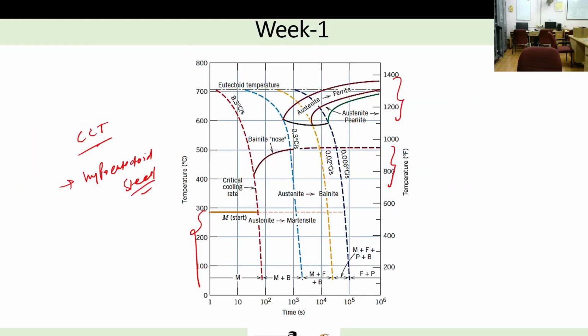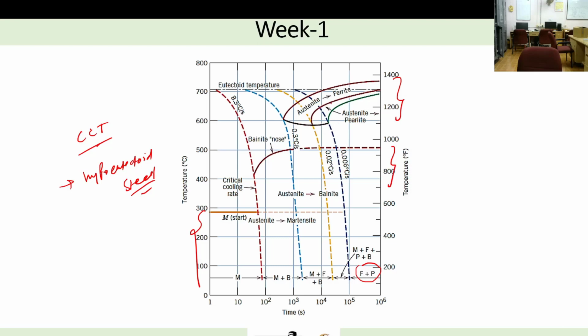This is the austenite to ferrite transformation line, and after that the remaining austenite will transform to pearlite while the ferrite remains as it is. The final microstructure, if you go with this line, will be ferrite plus pearlite, right?